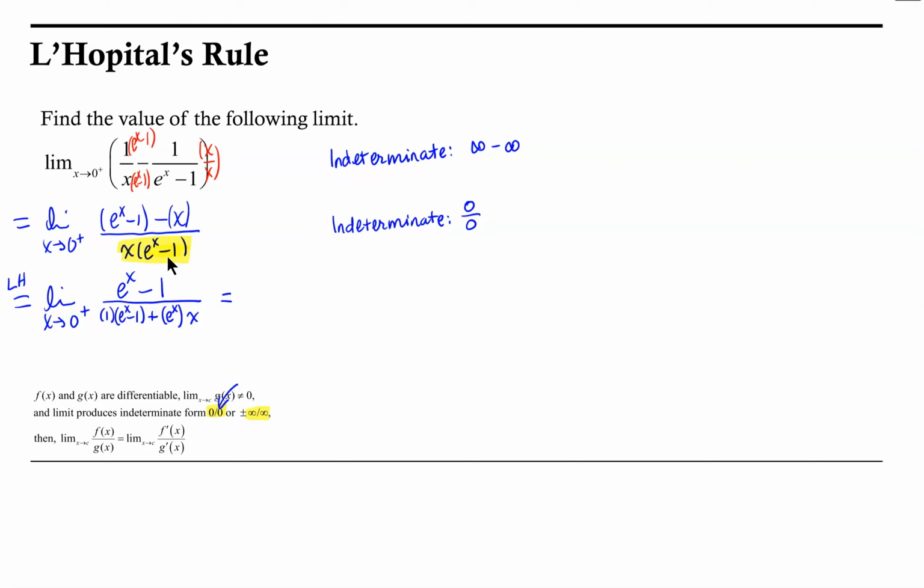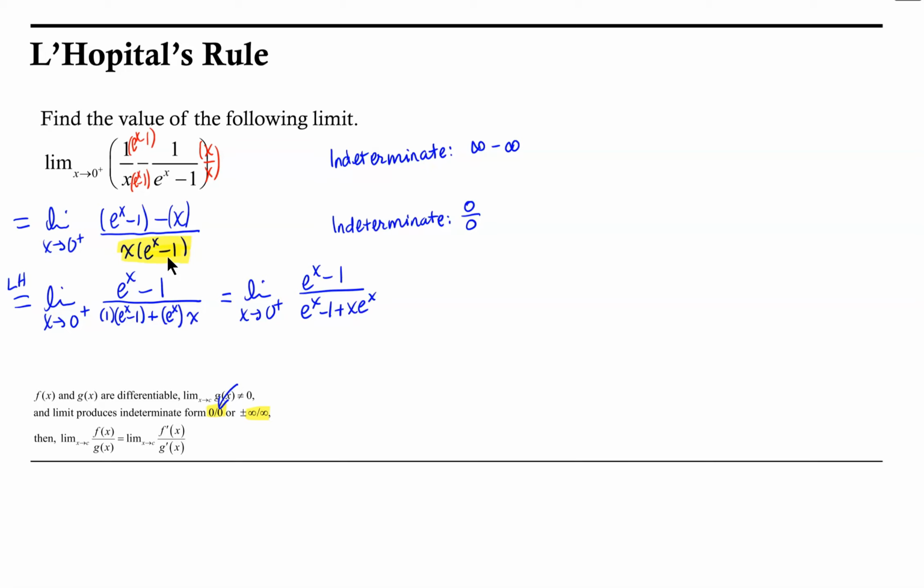So let's clean that up a little bit. We get the limit as x approaches 0 from above of e to the x minus 1 over e to the x minus 1 plus x e to the x.